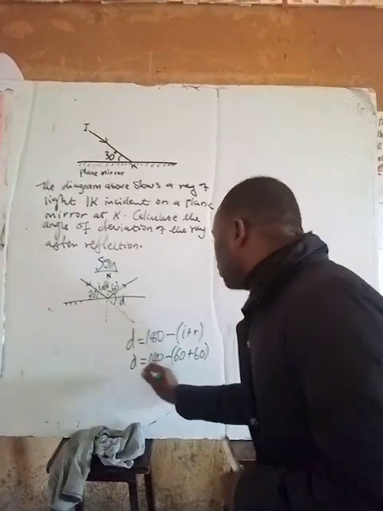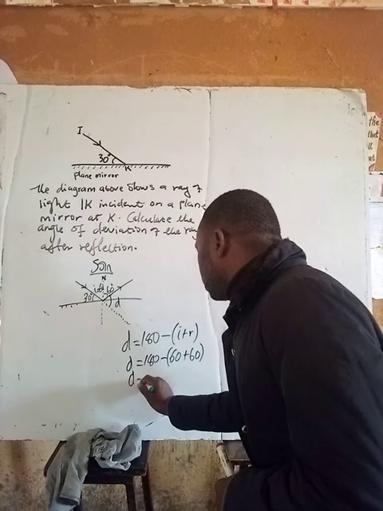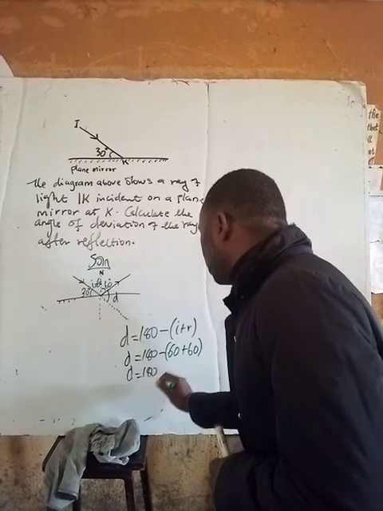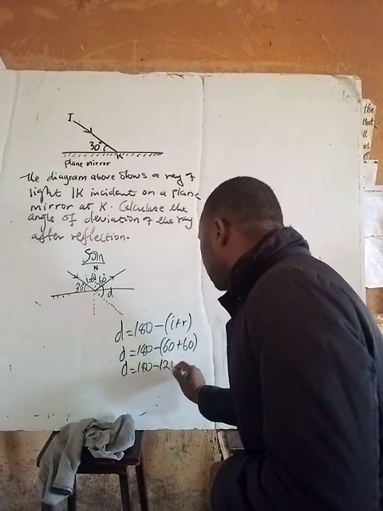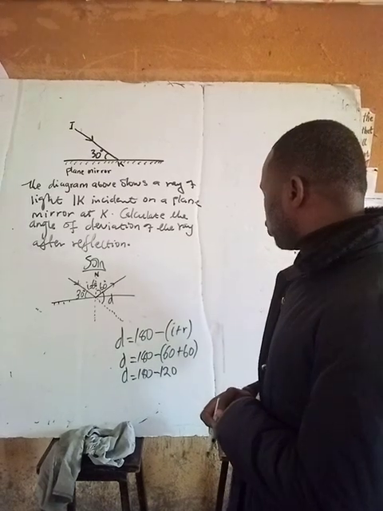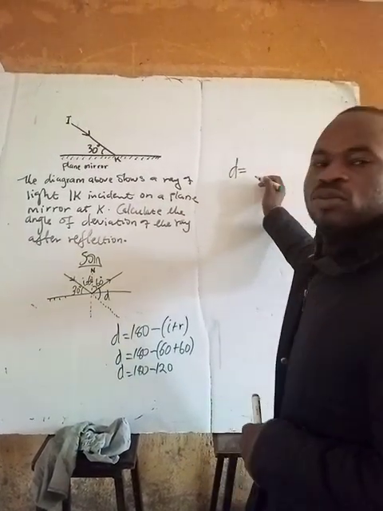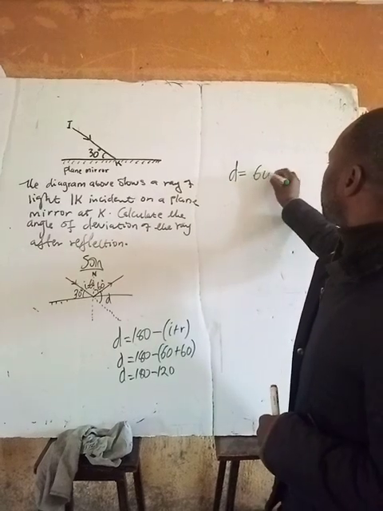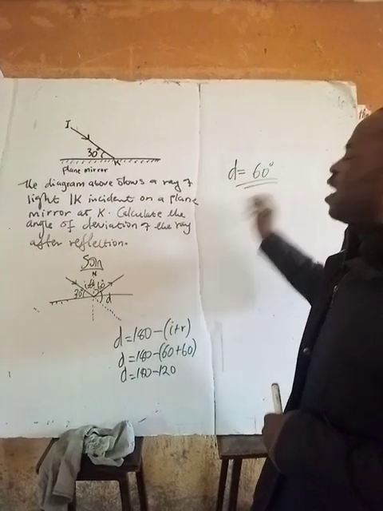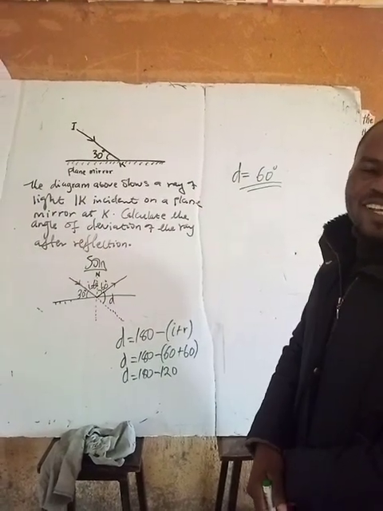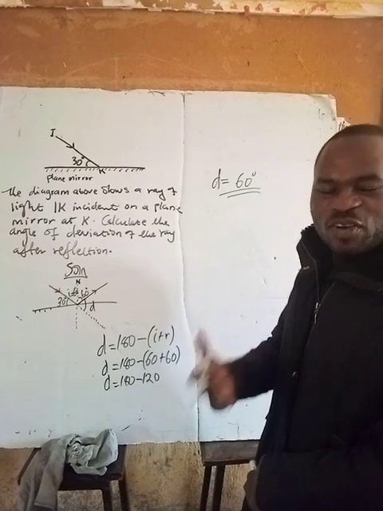Okay, so it means D is equal to 180 minus 120. 180 minus 120 will give what? D equals 60 degrees. So the angle of deviation is 60 degrees.